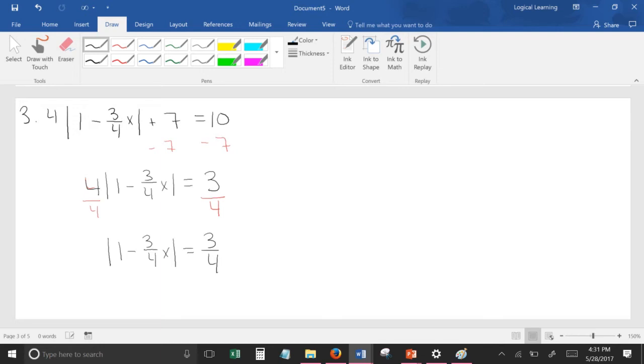So from here, we can obtain our two equations. So we'll have 1 minus 3/4 x is equal to 3/4, and we'll have 1 minus 3/4 x is equal to negative 3/4. Now, we want to subtract 1 from both sides as our first step to solve for x.